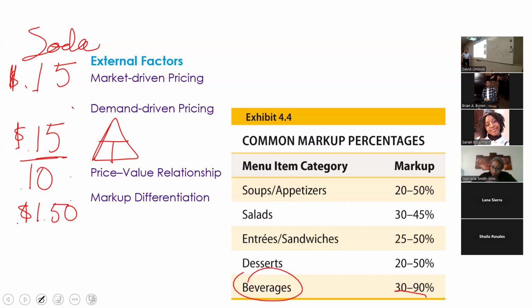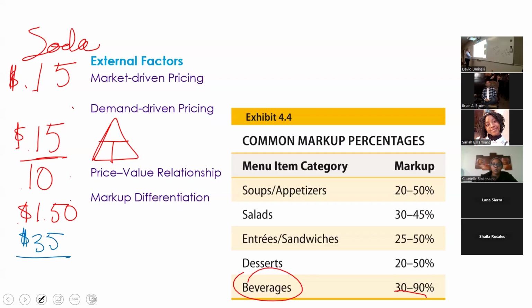Now, let's use the same idea and let's talk about a high cost protein like steak. That steak probably costs that restaurant, let's say, $35. Okay, that's the restaurant's cost for that steak.